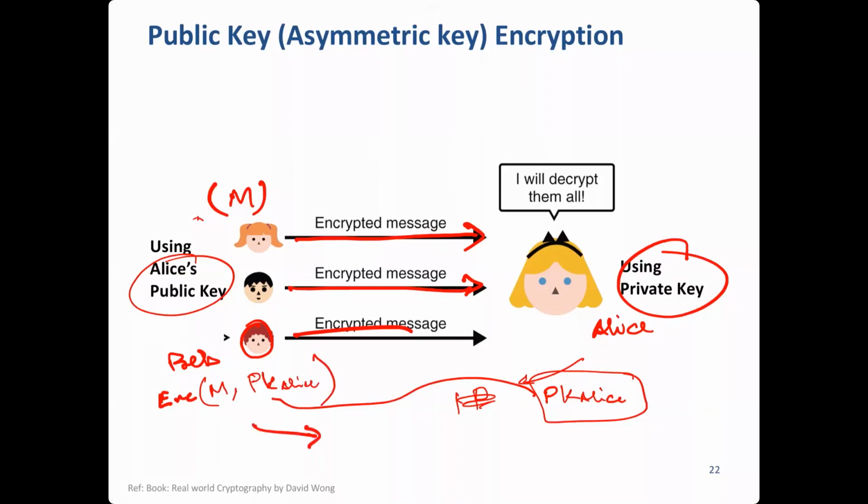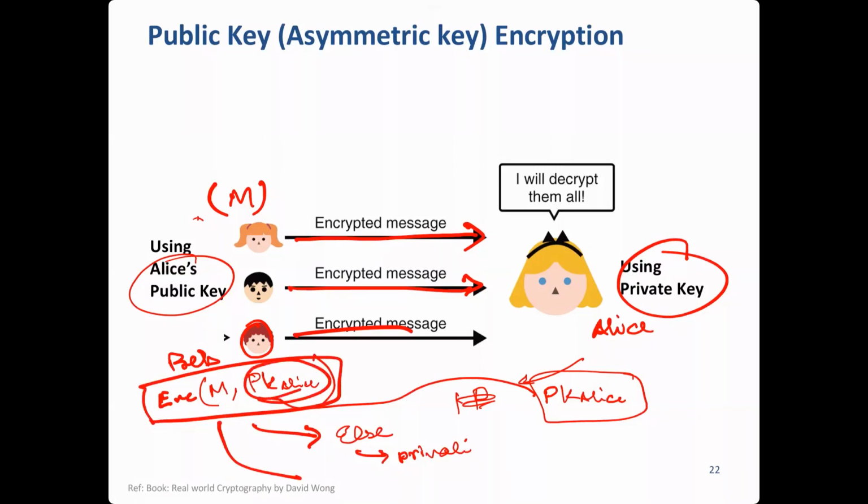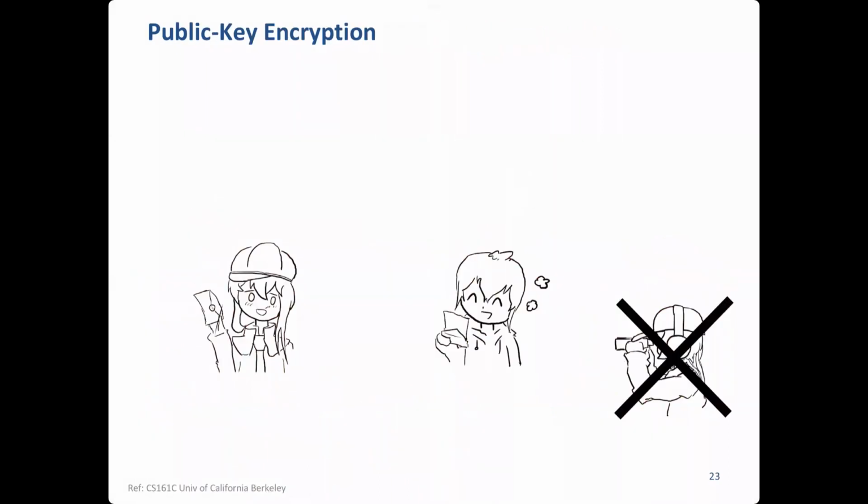In ElGamal, we'll see that he uses something else also, and that something else is nothing but his own private key. But in case of RSA, we'll see we can use only the public key of Bob to encrypt the message. But for the time being, let's ignore this small deviation in the case of the ElGamal algorithm. In general, this is the principle.